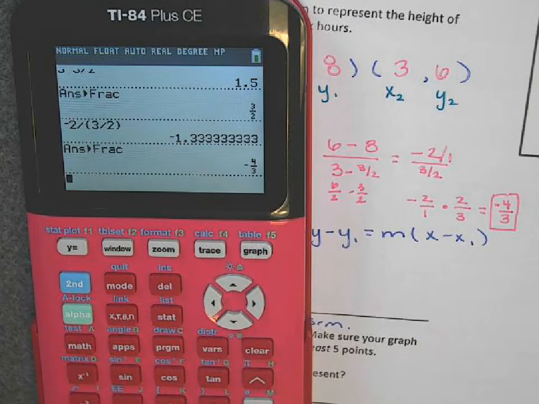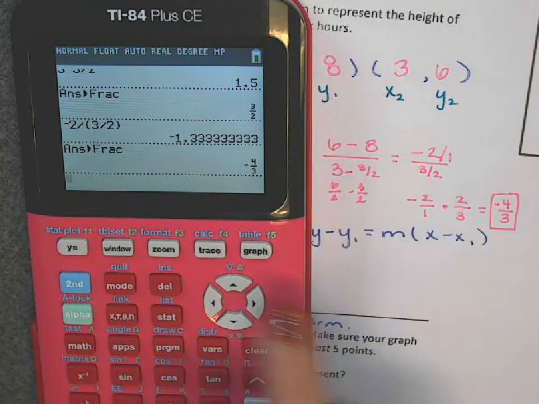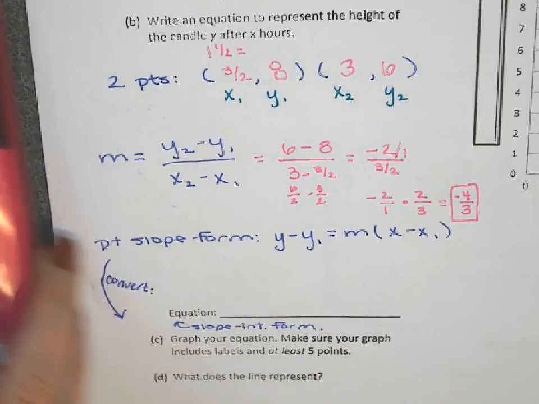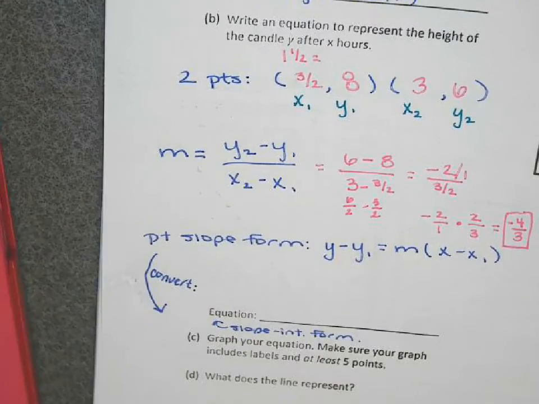I don't care if you do it by hand here or if you use a calculator and convert it to a fraction. But you have to convert it to a fraction because you cannot leave it as a decimal. Because negative 4/3 is not the same value as negative 1.3. Negative 1.3 is rounded and no longer exact.